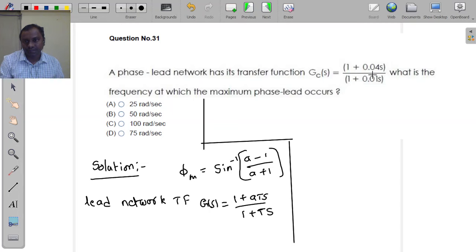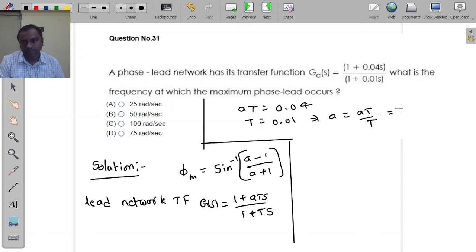Compare this transfer function with the given one and calculate A and T. By comparing, AT is 0.04 and T is 0.01. It implies A is AT by T, 0.04 by 0.01, which is 4.